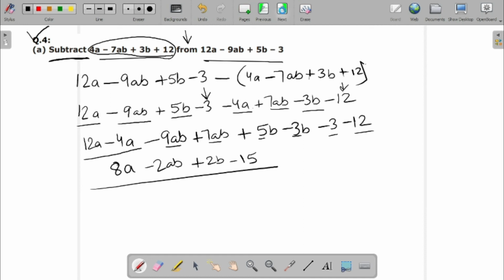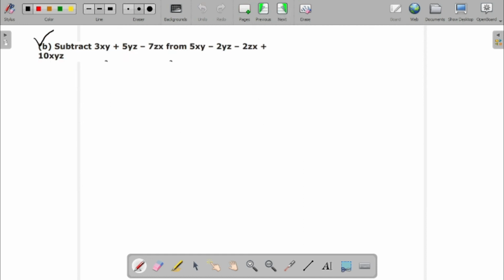Now we move to the B part. Here we have B part. Again subtract from this. So we have to write this first. So we write like this, 5xy minus 2yz minus 2zx plus 10xyz.